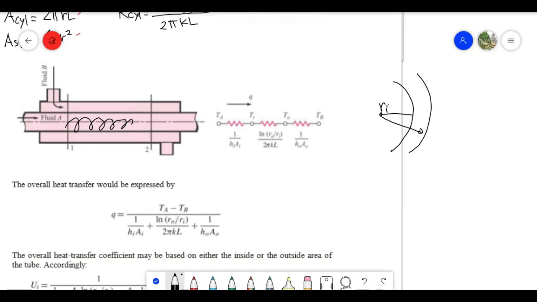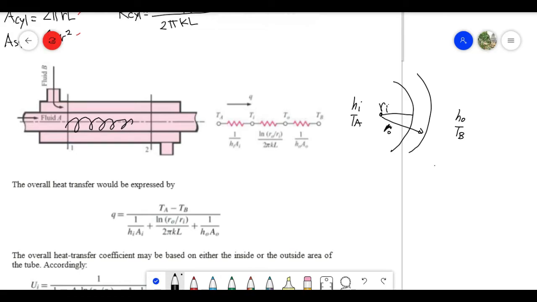Tapos meron tayong R outside. And then dito yung fluid A wherein meron tayong h_i inside saka temperature A. Tapos dito yung temperature B. Tapos convection coefficient na h_o outside. Okay.